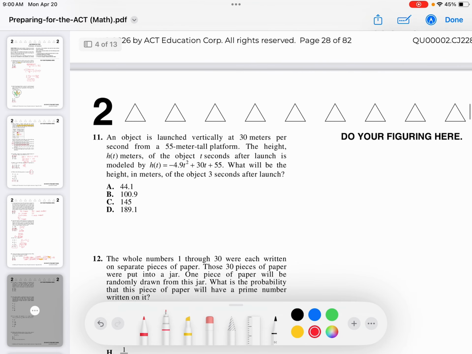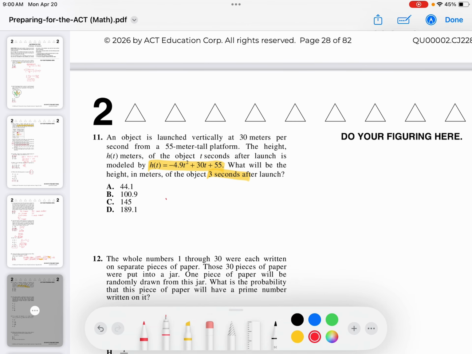All right, number 11. Object is launched vertically at 30 meters per second from a 55 platform. So 3 seconds after launch, we're going to use this equation where t is the time.